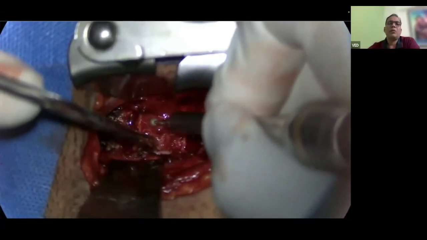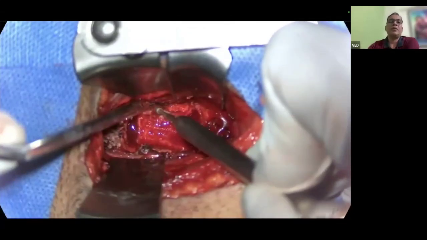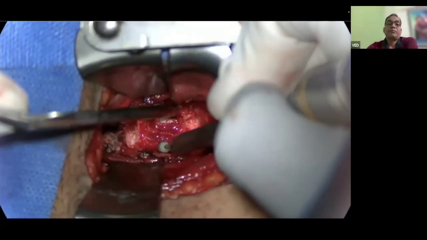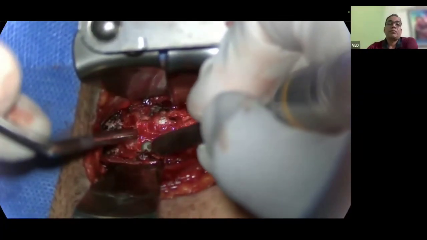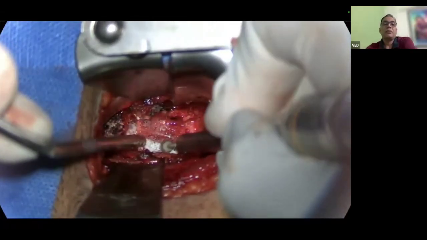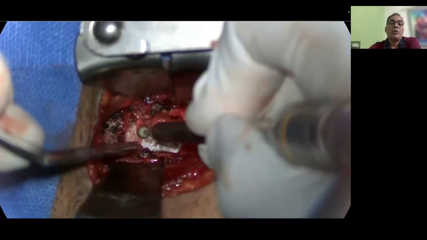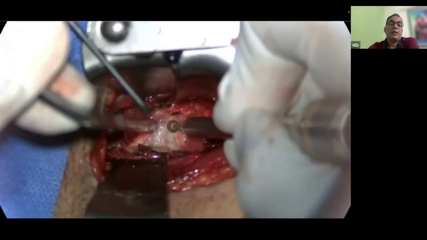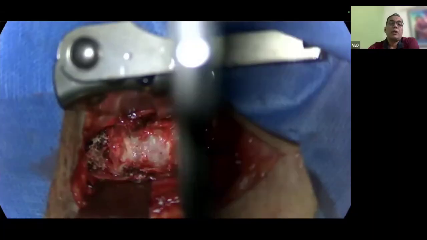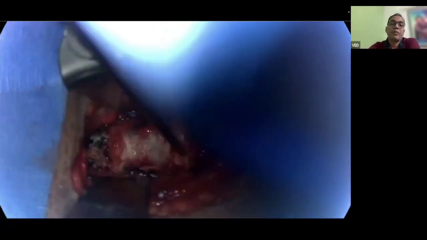Once half of the vertebral body is removed, we can use a high-speed drill, preferably a diamond drill. The later part of the drilling must be done with diamond only, in order to avoid inadvertent damage to the dura and spinal cord.